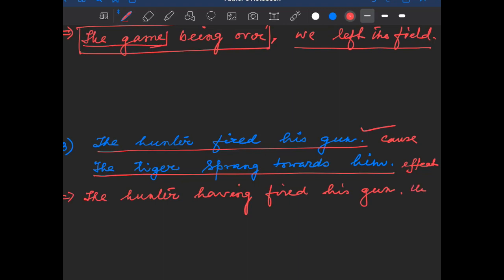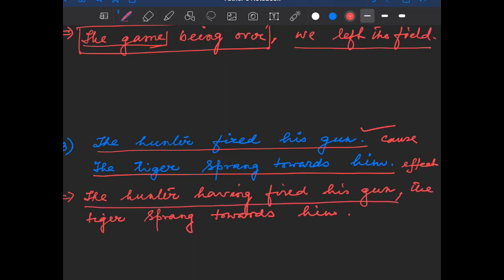The tiger sprang towards him. See this part, the hunter having fired his gun. This is absolute part and the hunter is the nominative. So this is called absolute nominative or nominative absolute, and total thing is called absolute phrase.